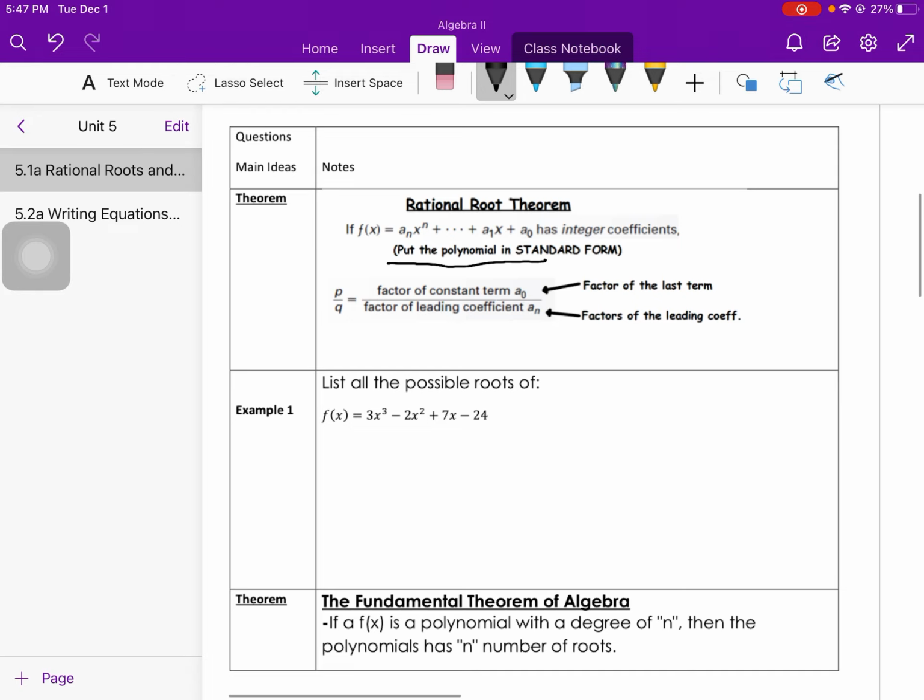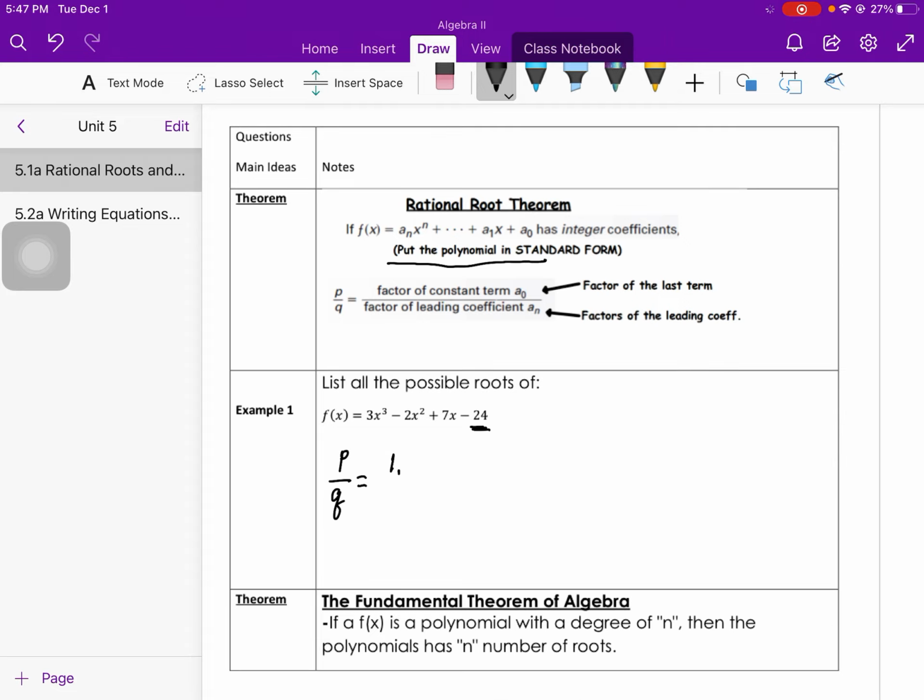So how we do this: list all of the possible roots, p over q. Identify that p is factors of the last term. So our last term here is 24. There's a lot of factors in 24.